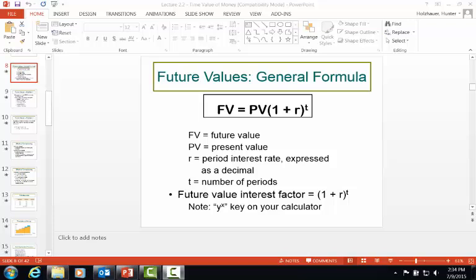Let's take a look at the equations first, the general formula for calculating future value. This is one of the most important formulas in finance because it pretty much captures the time value of money. Now we will go through each of these 4 variables that we have talked about repeatedly already within this lecture, and how you would solve it. Now, solving for future value using this equation is not that much more difficult than using the buttons on your calculator.